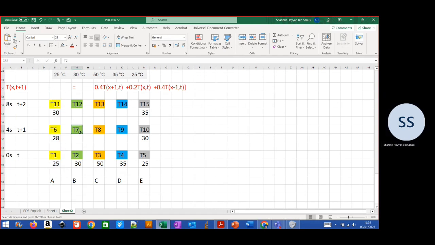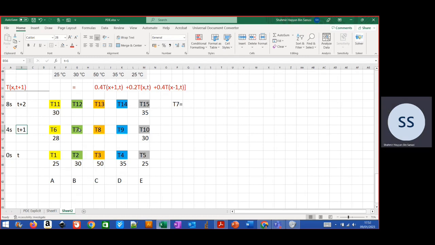So to get the temperature at X and time T plus 1, T7 equals 0.4 T(x+1) plus 0.2 T(x) plus 0.4 T(x-1). First you look at the X coordinate. If this is X, this is X plus 1. And the Y coordinate is at T. So here is T plus 1, this region is T plus 1, this region is T plus 2, and this is the region where it's only T.